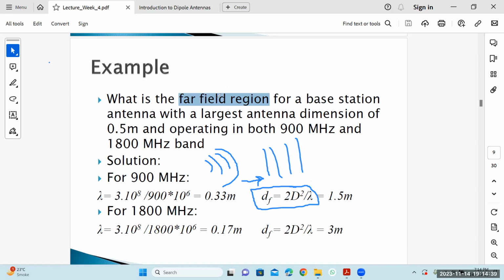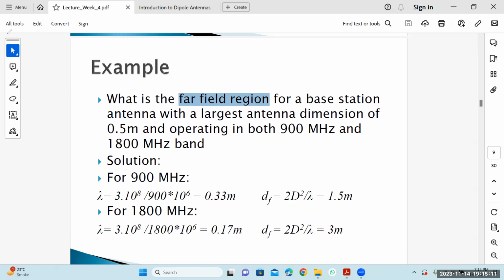For 1800 megahertz, lambda is equal to C divided by F, that is 0.17 meter. In that case, the far field region comes out to be 3 meter, where this D is the largest antenna dimension, right?